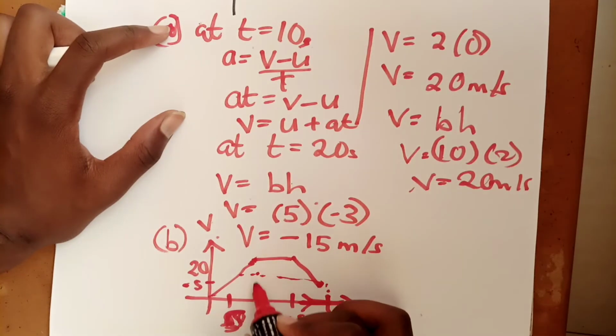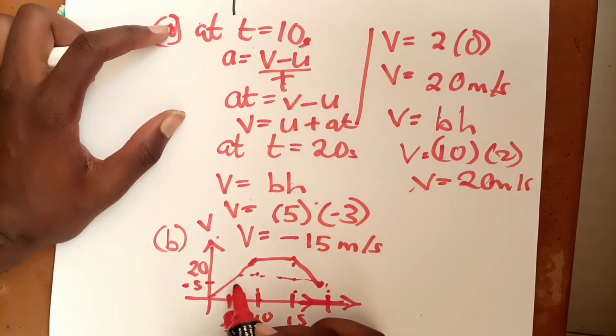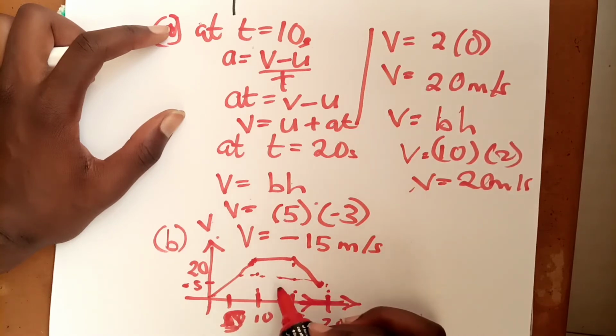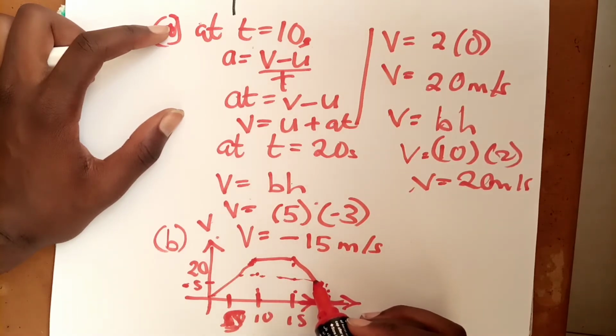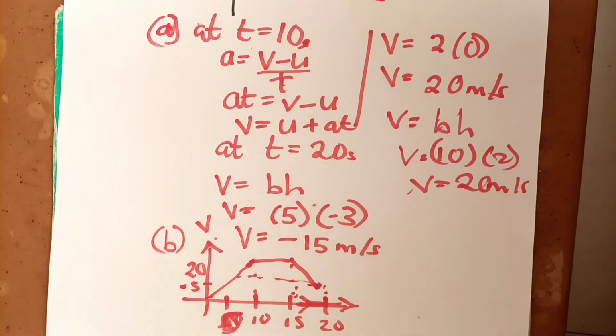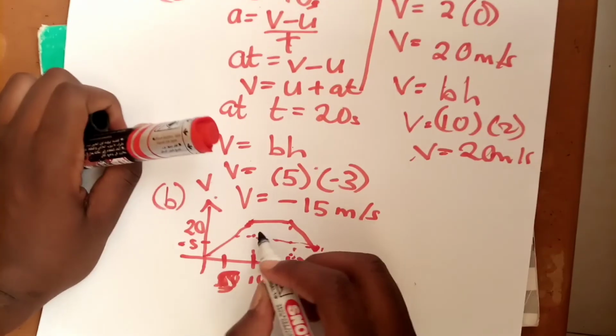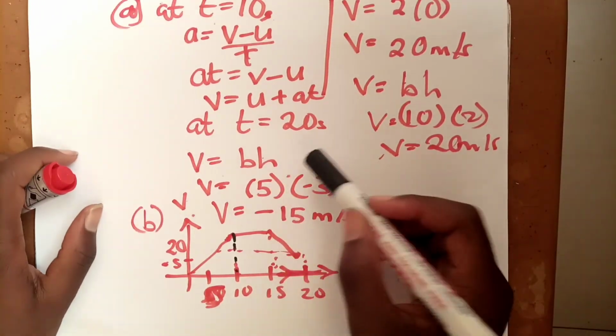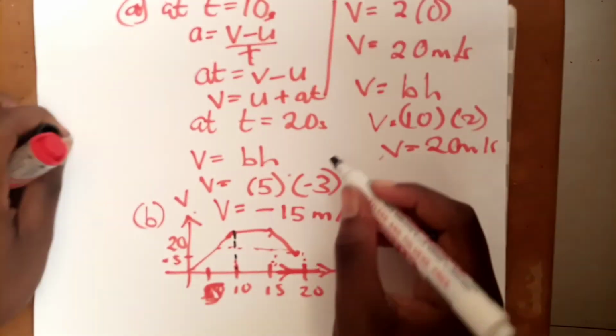So then we're going to find the area for this one. We have these shapes: the area for this triangle, the area for this rectangle, the area for this triangle, and also the area for this square here.